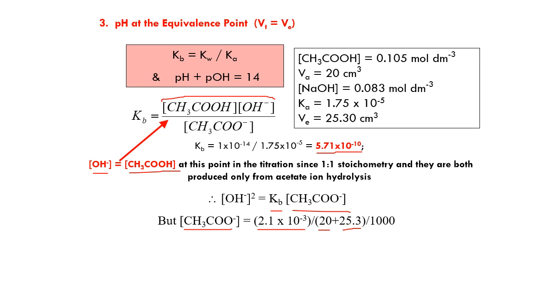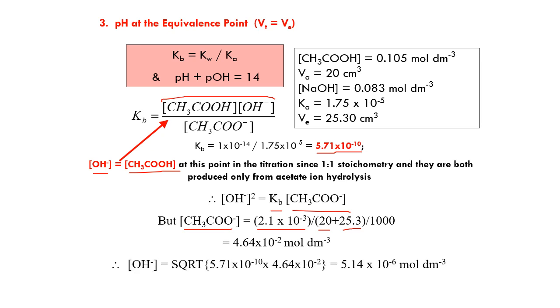So the total solution volume at the equivalence point would be 20 plus 25.3, which gives us 45.3 centimeters cubed. So first we find the acetate ion concentration, and then we use this in our expression up here to find the hydroxide ion concentration to be 5.14 times 10 to the minus 6 moles per dm cubed.